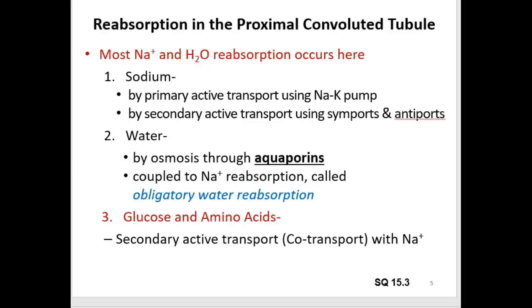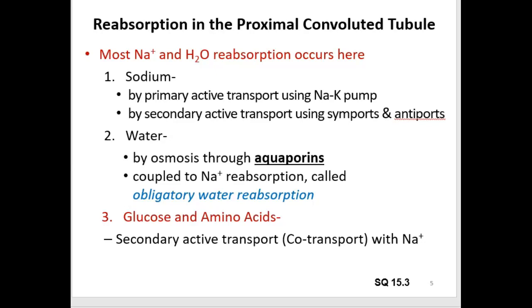So let's start with the proximal convoluted tubule and look at what's reabsorbed there. Sodium and water are the main things that we are concerned about, but also some nutrients that might be lost in the urine if we weren't able to recapture them. So first I'll deal with sodium. Sodium is reabsorbed by two processes: primary active transport and secondary active transport.